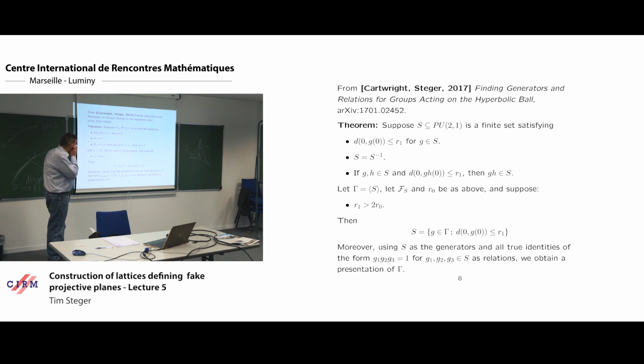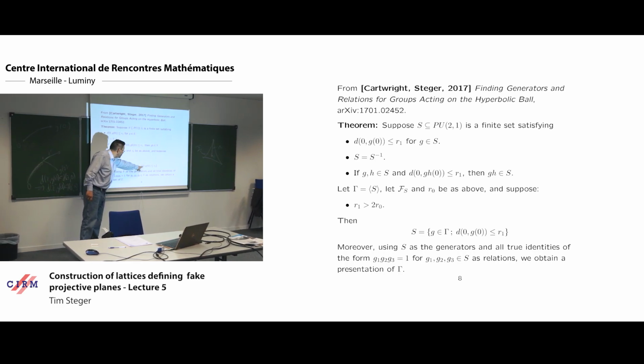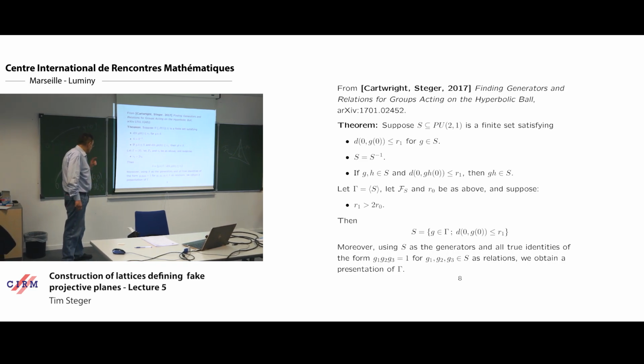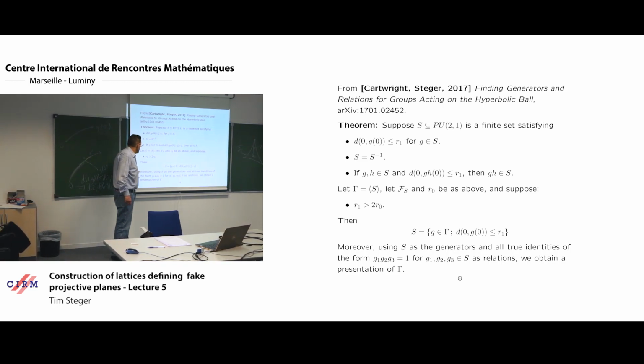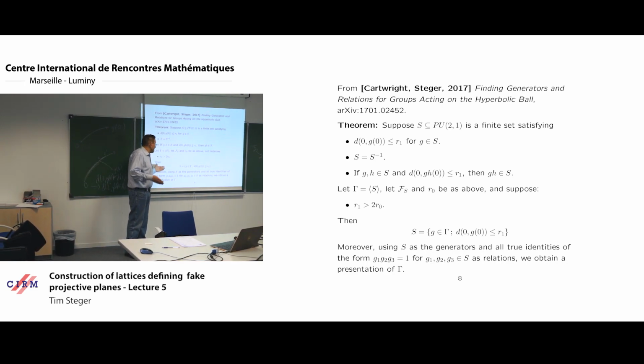That little discussion over there gives a small idea of why 2R0 is exactly what we want. Okay? So in that case, we really can say that S is made up of the elements in gamma whose size is no bigger than R1. We can also say that if we make a presentation for our group using the elements of S as generators, or more correctly, symbols corresponding to the generators of S, and if we use true identities of this form as relations, then this gives a presentation of gamma.